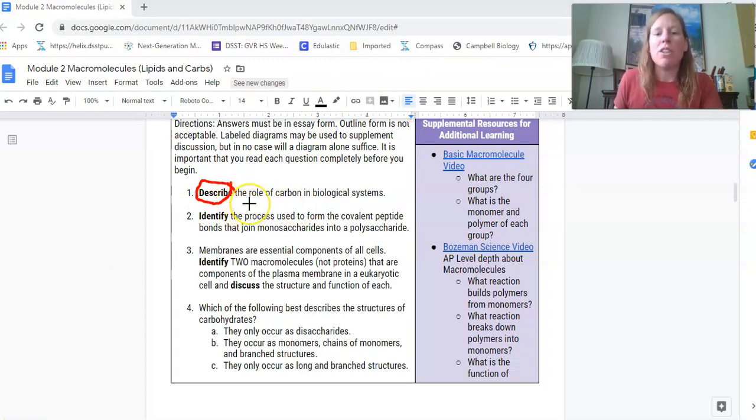That means that you want to think about what, explain. It's kind of like explain, but it's more of thinking about characteristics, or thinking about what might be included in whatever it's asking you. So in this case, it's asking about carbon in biological systems. So you want to think carbon is an atom, but where is carbon seen in organisms?